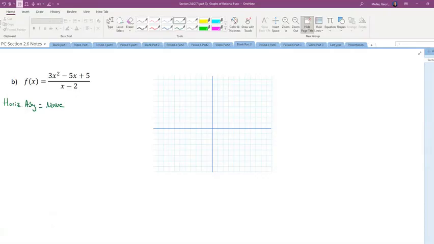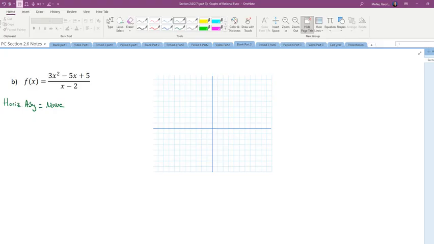All right, can we factor the top? We need to add to get a 5. That does not seem possible. So I do not think the top is going to factor very nicely. I'm just looking at it another time here. Yeah, that does not appear to be factorable.